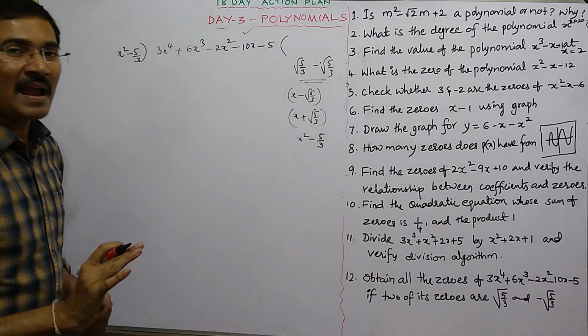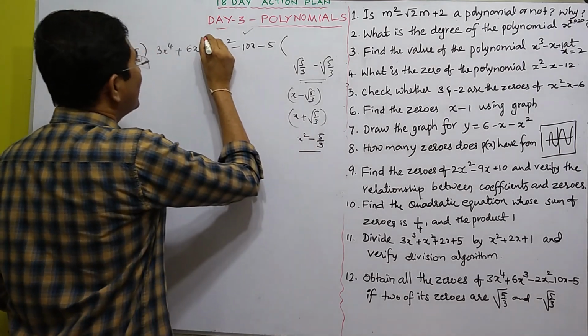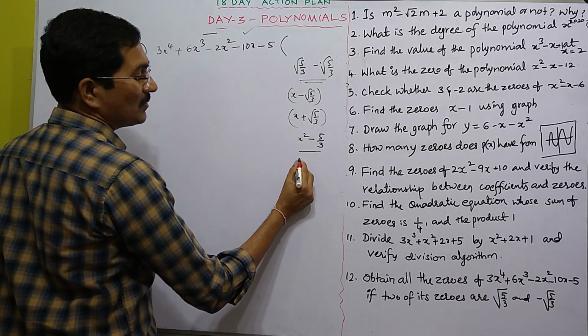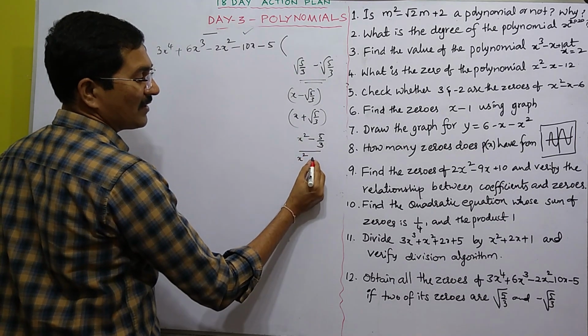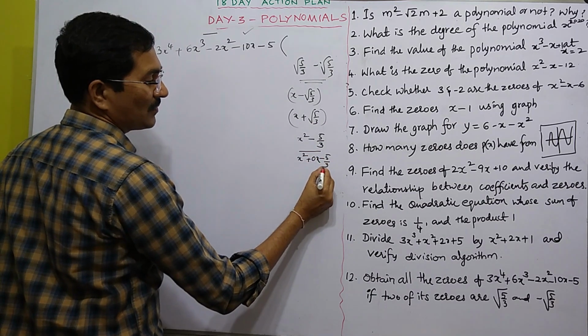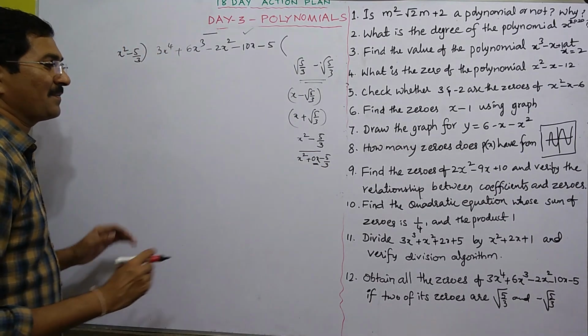As discussed, we must write the divisor and the dividend in the decreasing order of the powers of the variables. So it can be written as x square, but we don't have x, so let us put 0x, then minus 5 by 3. This will make your job easy.